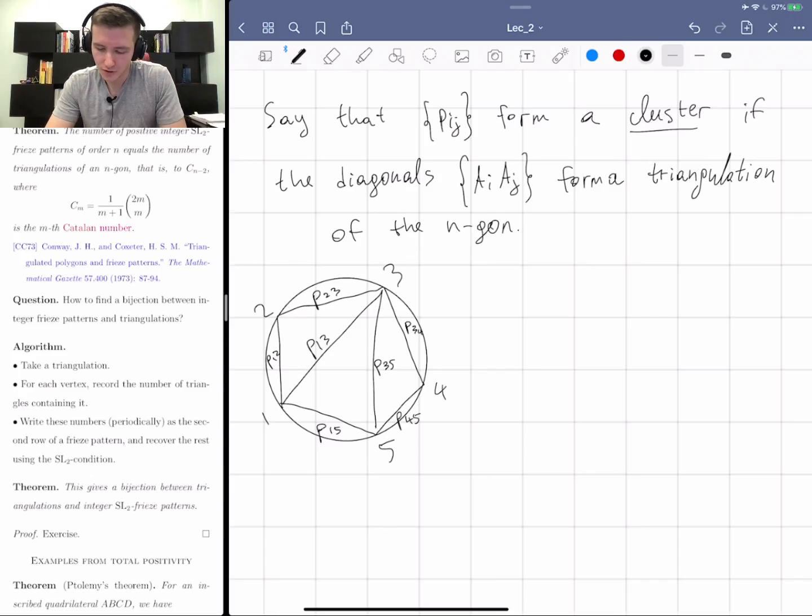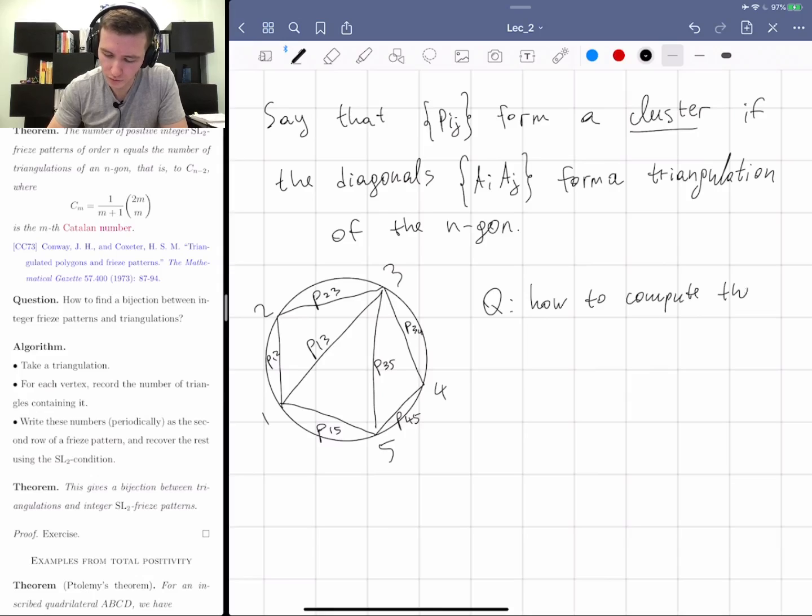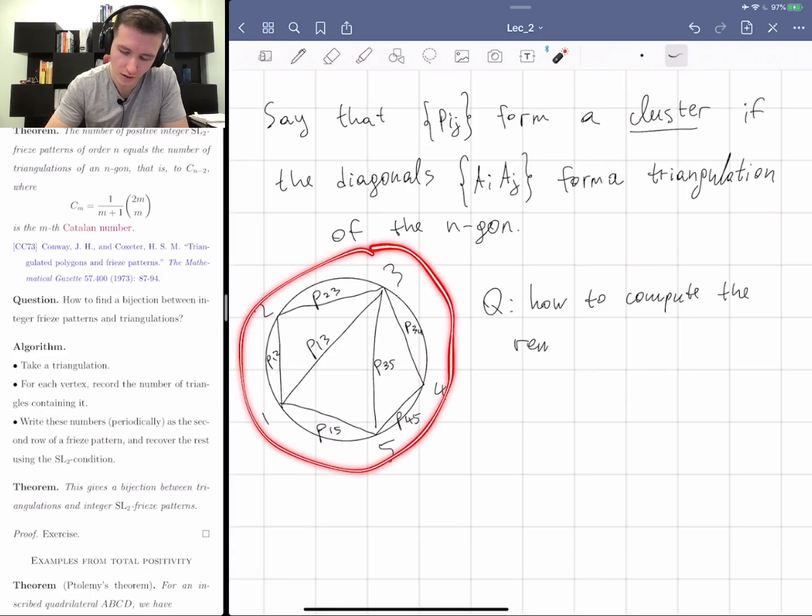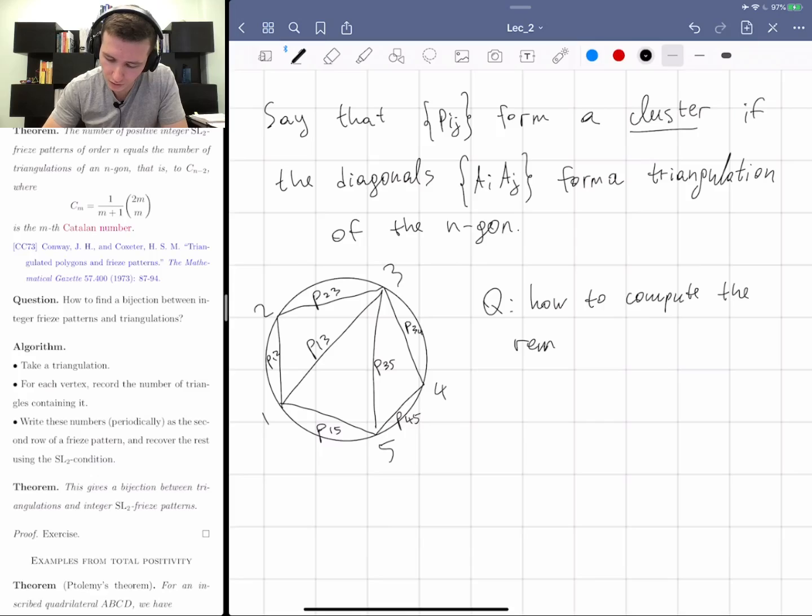Okay. The question is how to compute the remaining ones. Let's say I know all of these Pij's. How do I compute the remaining ones?